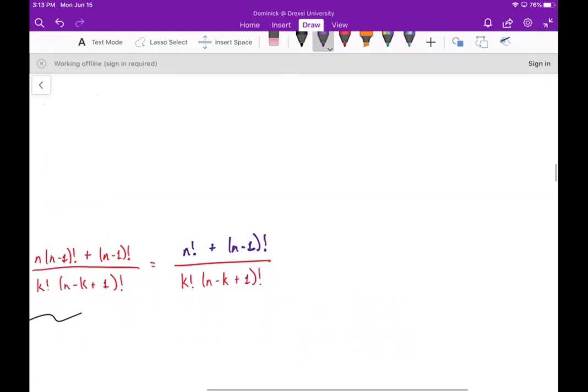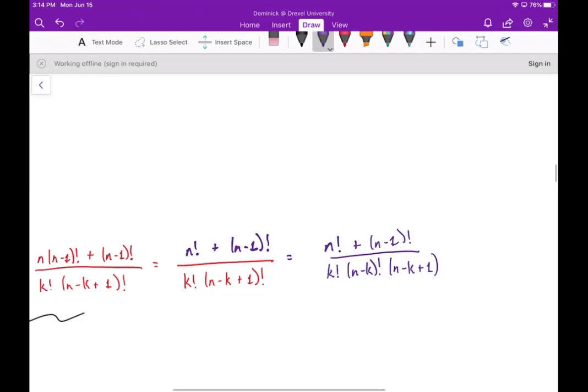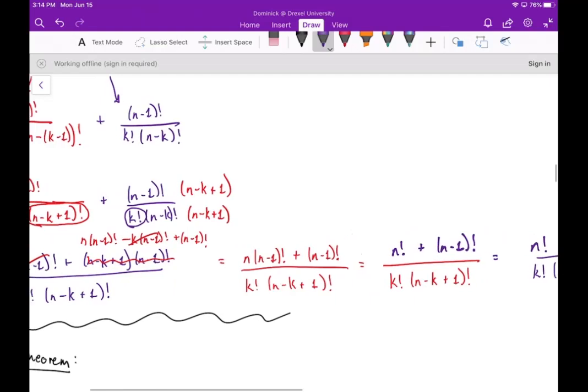Okay, so now we're almost there, right? So what I need to do is I need to sort of get rid of, I have an (n minus k) factorial times an (n minus k plus 1). All right, so we need that factor to sort of go away. Now, let's see, how could we do that? Let's see.